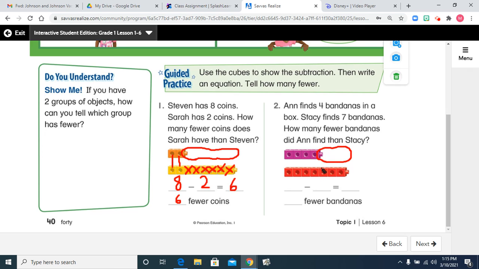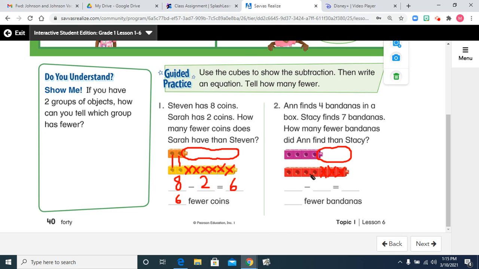Okay, if we look here, start crossing these out. 1, 2, 3. So Stacy has 3 more bananas than Anne, so that means Anne has 3 fewer.